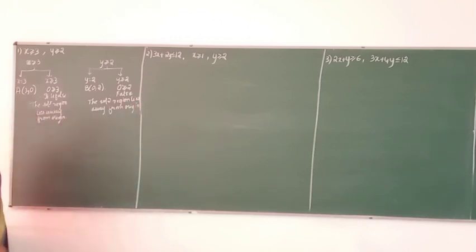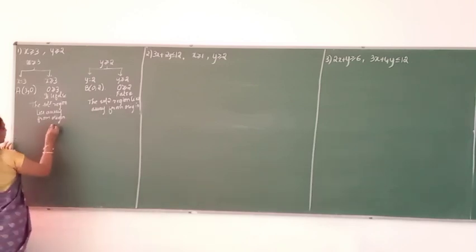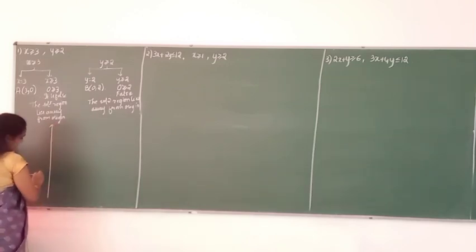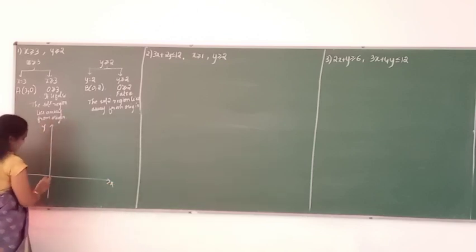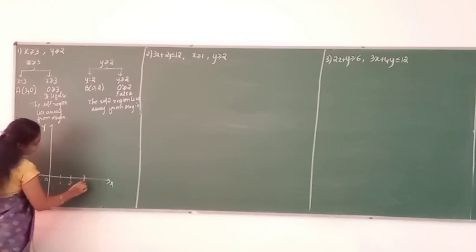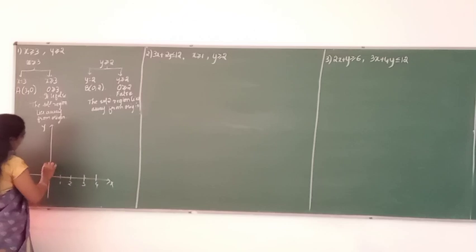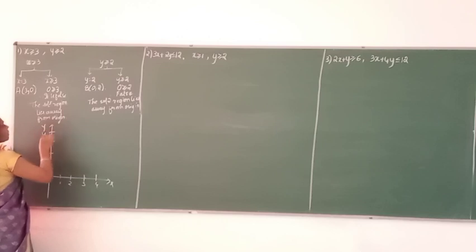Is it clear? So now let us plot the graph for both of the inequalities. So x-axis and y-axis, 0, 1, 2, 3, 4, and 1, 2, 3 and 4.